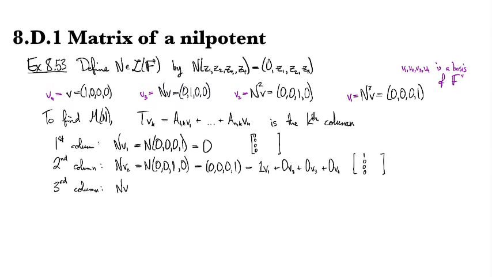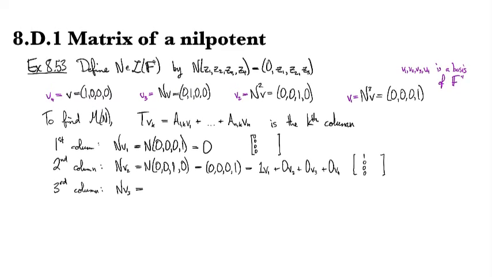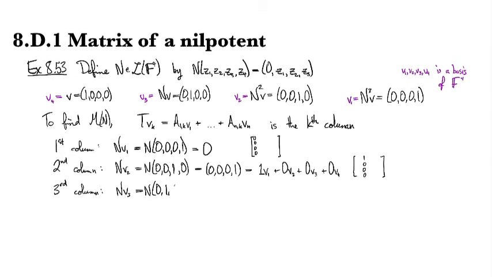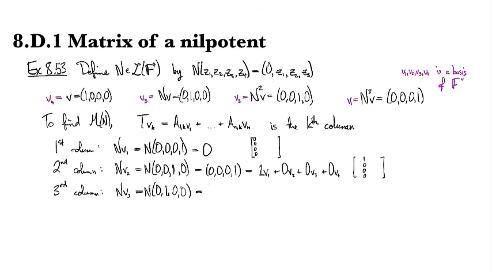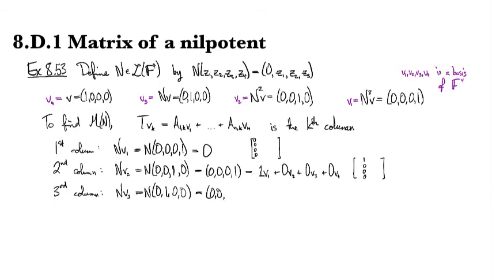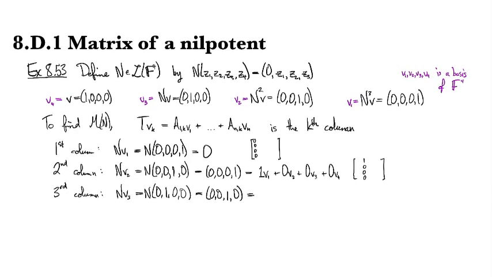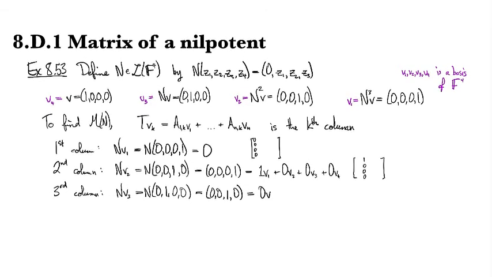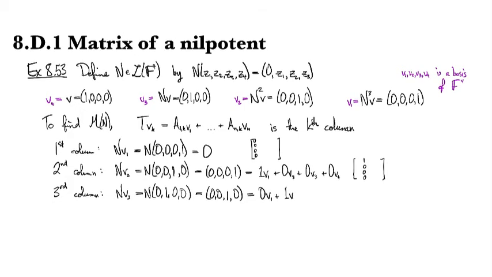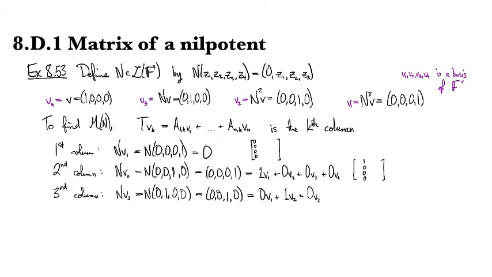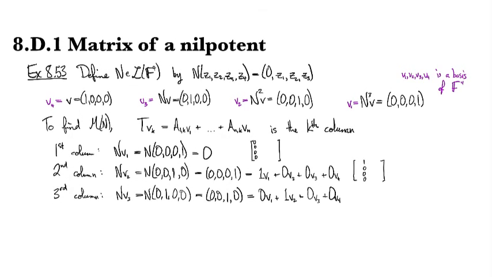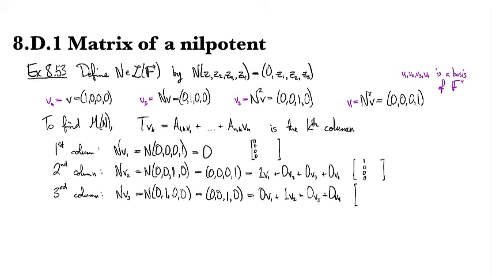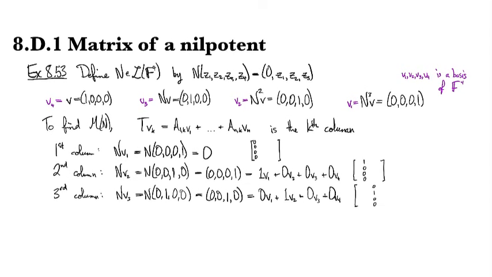The third column is the image of v3 under coordinates, so that's v2, and v2 has the expression 0v1 plus 1v2 plus 0v3 plus 0v4, and so it looks like 0, 1, 0, 0.